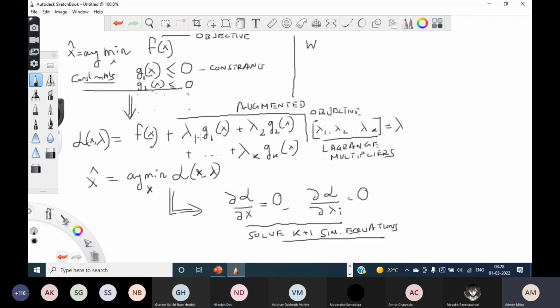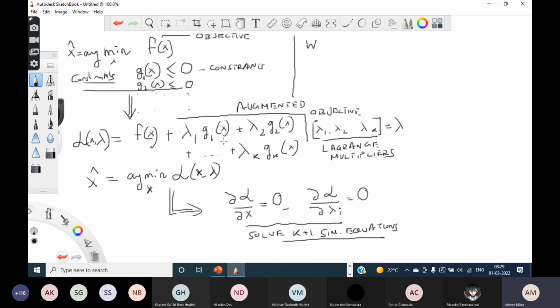So when you take these things into the loss function, you are trying to minimize the whole loss function itself. So when you minimize the loss function, you will naturally also be trying to minimize each of these terms. Because if this is not minimized, there is always a possibility that you can change x so that this is reduced even further.